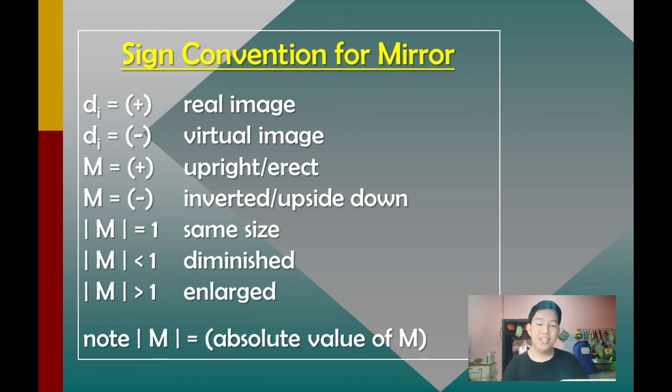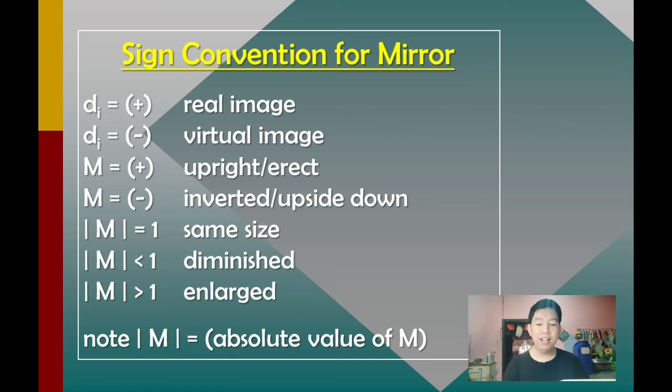If the magnification value is positive, then the image is upright or erect. While if the magnification value is negative, then the image is inverted or upside down. If you're going to get the size of the image, we need to get the absolute value of magnification. Meaning to say, tatanggalin natin yung sign niya, whether positive or negative.